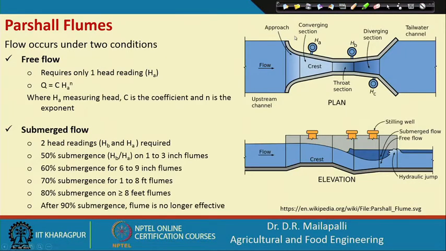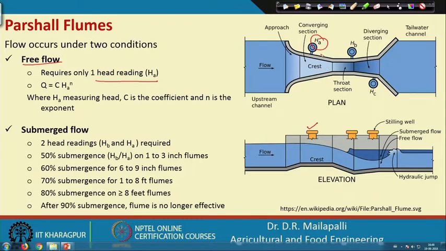Continuing with the Parshall flume, as I mentioned, there are two kinds of flows: free flow and submerged flow. In the free flow case, it requires only one head, HA. Here these are the water level indicators, or stilling wells, HB, and there is HC also at the downstream side.